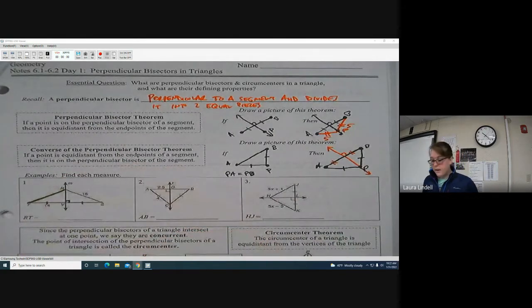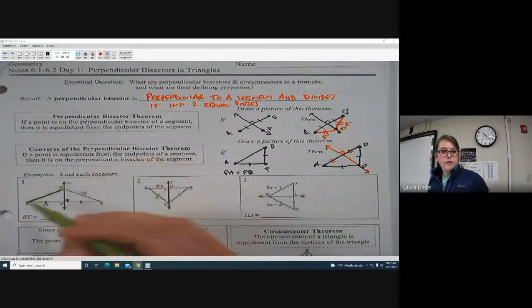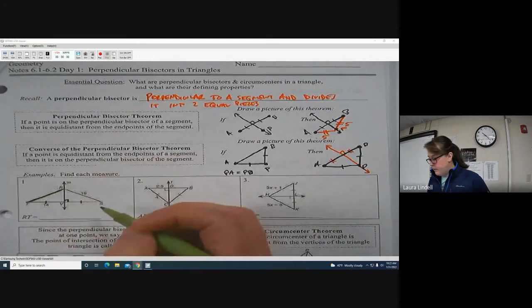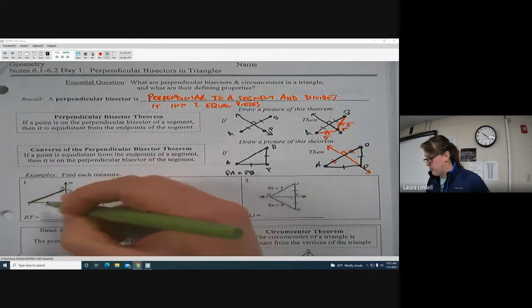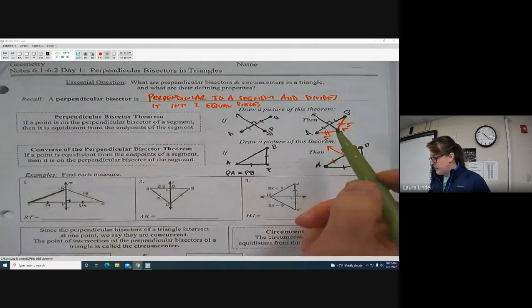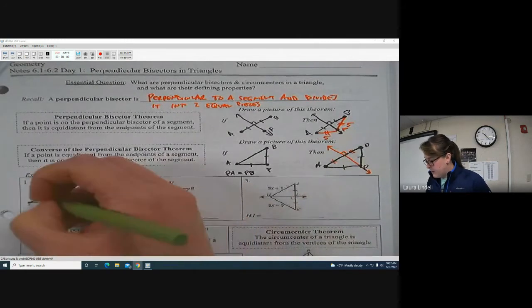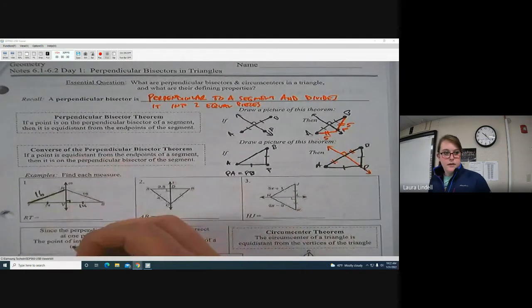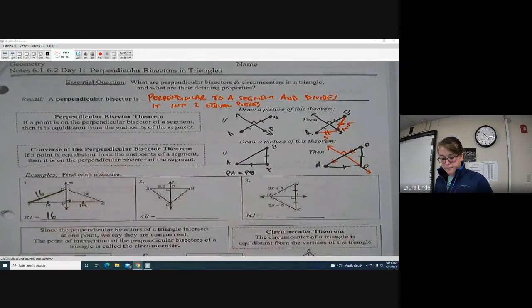So that means that this is the perpendicular bisector, TS. We know these two segments would both be 14, and because of the perpendicular bisector theorem, if this is 16, this will also be 16. So that means that RT is 16.